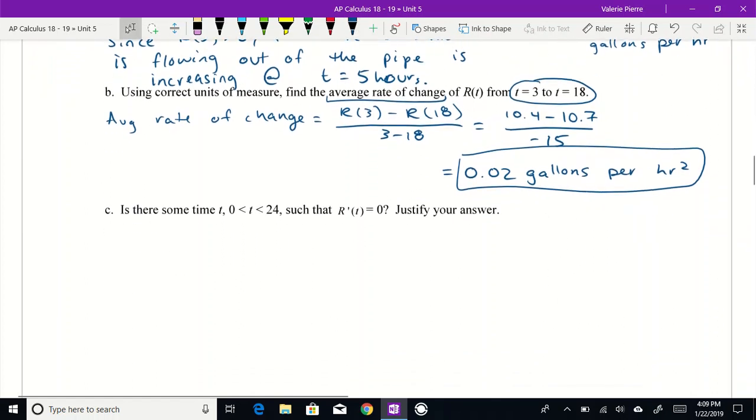Okay. Is there some time t between 0 and 24 such that r prime of t is equal to 0? So this question is basically asking us, can we apply Rolle's theorem?